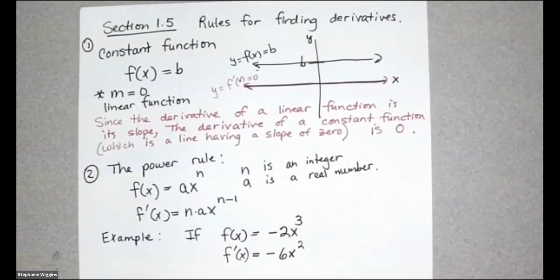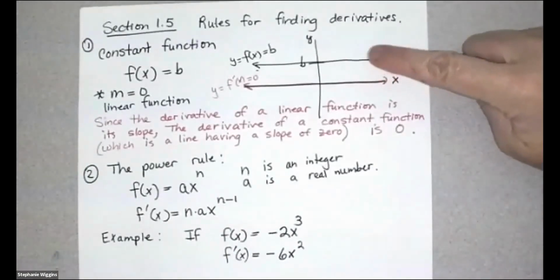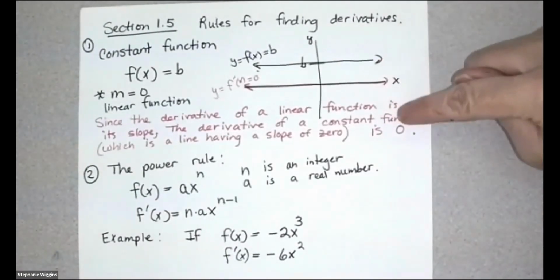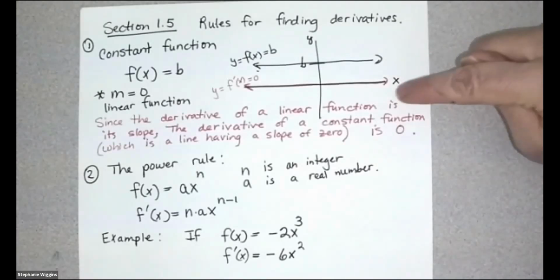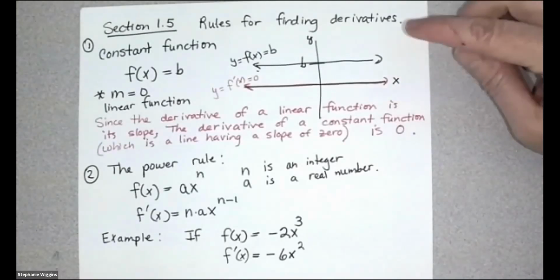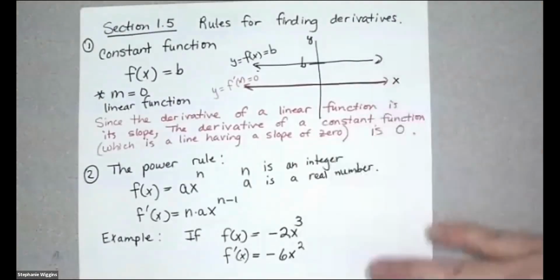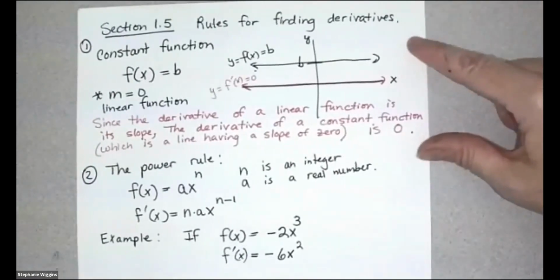So that's my point. We're not going to use that definition anymore. Applying these rules is much simpler and faster. But the definition is where this rule came from. Once we have established it, like we did with the derivative of a linear function being its slope, we've done it for all linear functions, we can just apply it.